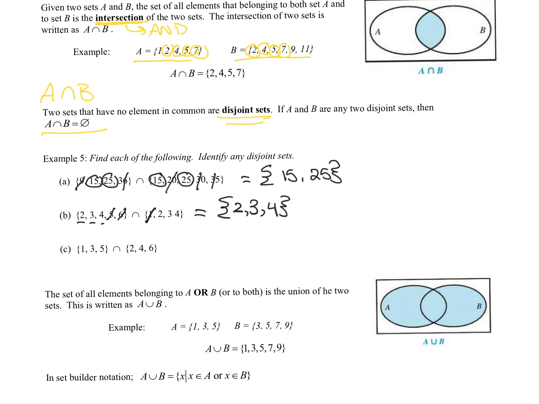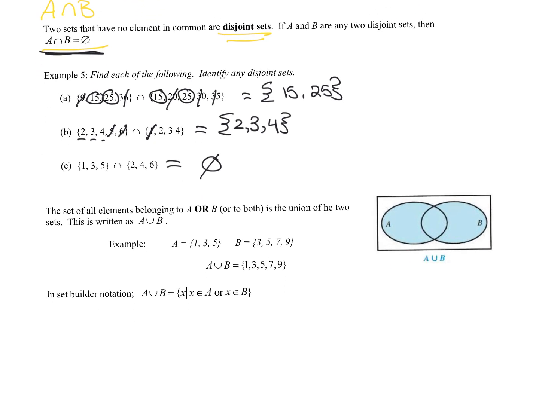The next one, they have no overlap. And if they have no overlap, they are called disjoint sets. So the intersection is the empty set. They have no intersection. Beyond the intersecting, we have a thing called a union, which means or. Let's highlight that real quick.